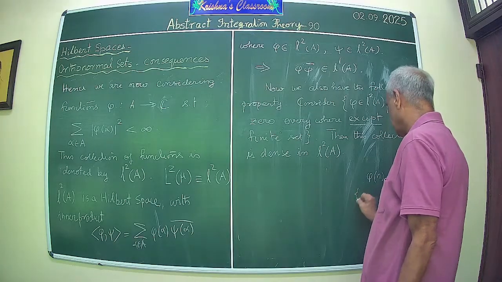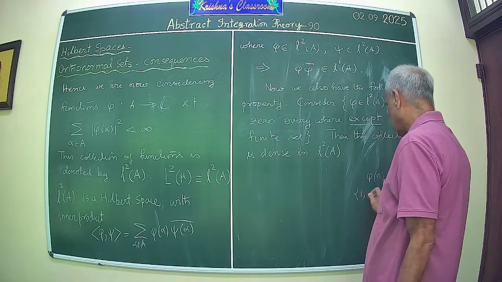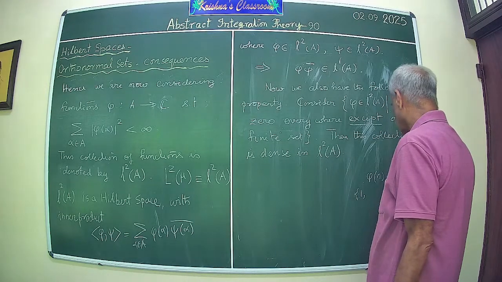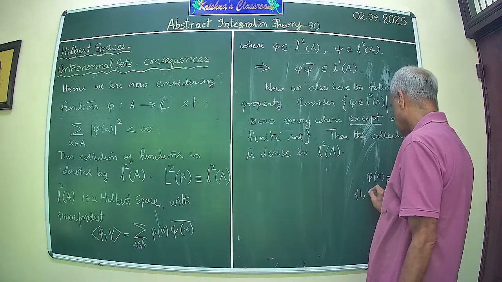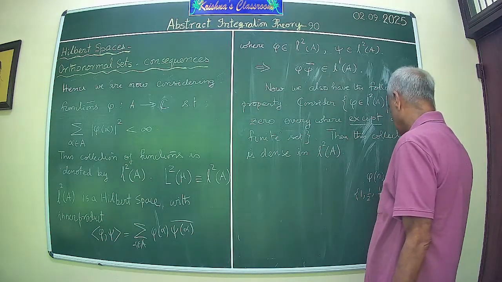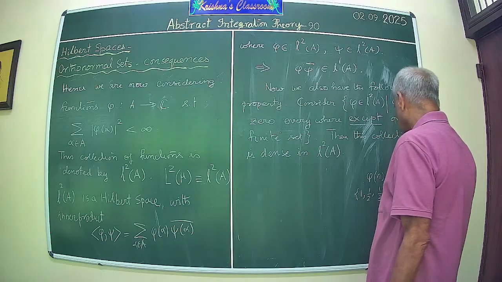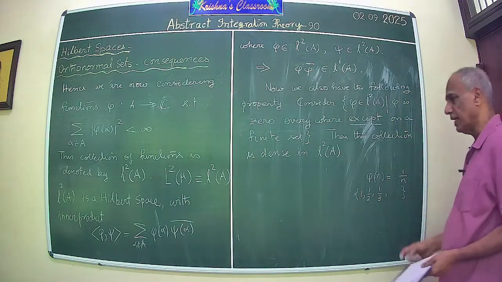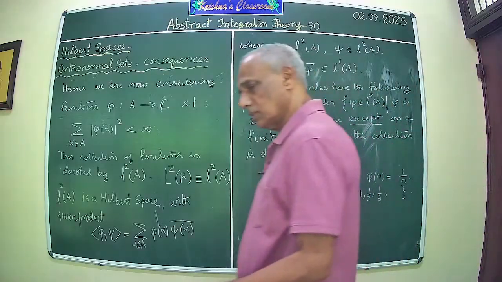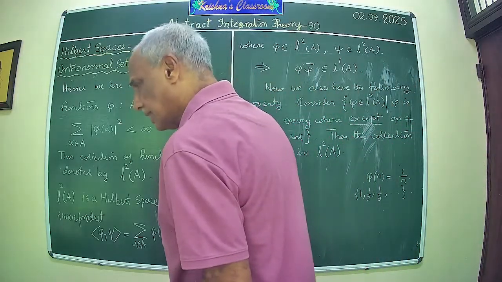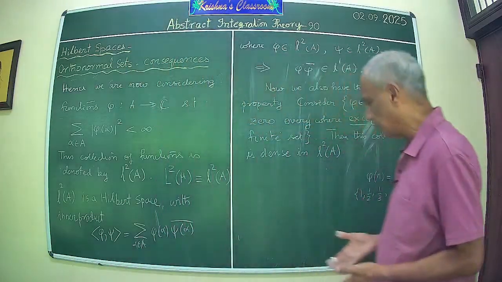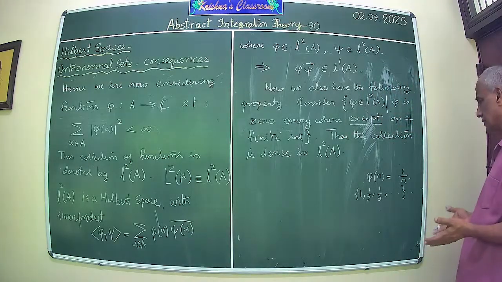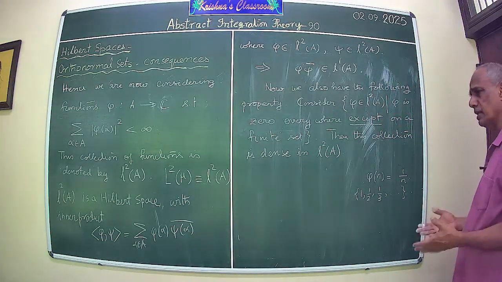This will be 1, 1 by 2, etc. Here phi does not have a finite set associated with it where it is non-zero.